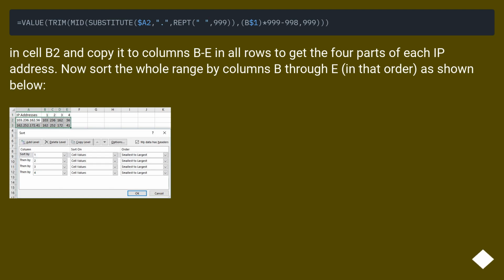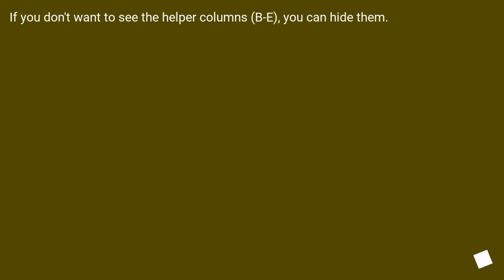Now sort the whole range by columns B through E, in that order, as shown below. If you don't want to see the helper columns, B to E, you can hide them.